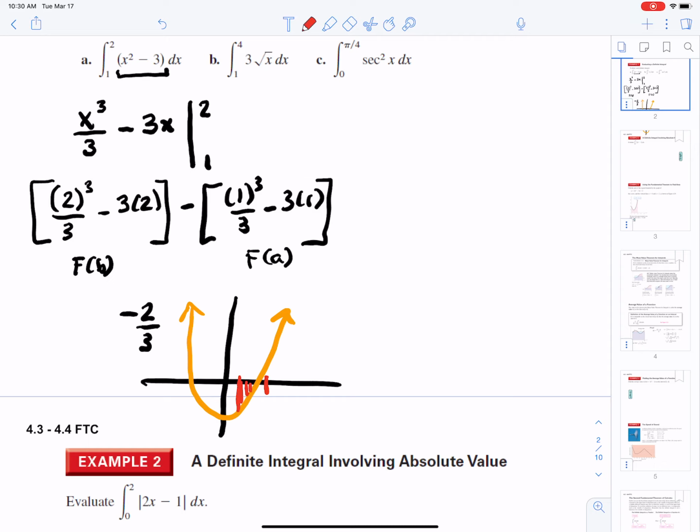So the reason my answer is negative is because there's more area below the curve than there is above the curve. So negative because more area below the curve than above it.